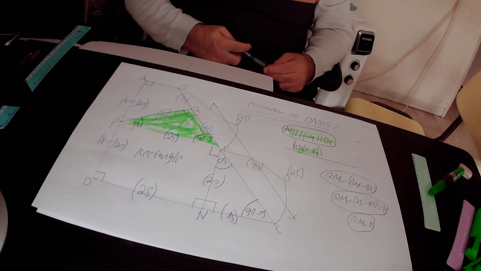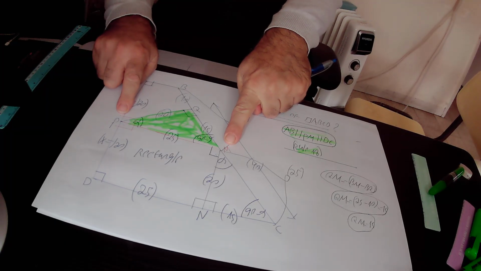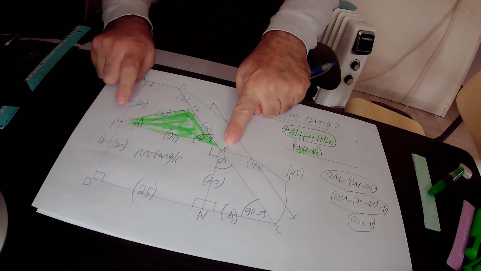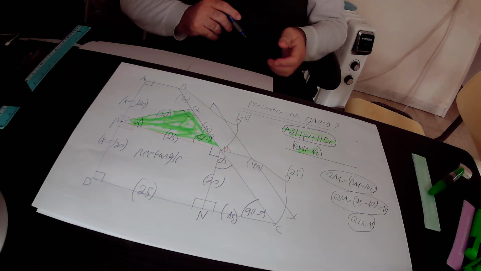And according to the trapezoid mid-segment theorem, the length of side PM is equal to the sum of its two parallel bases over 2, that is to say AB plus DC over 2. So I write it down.